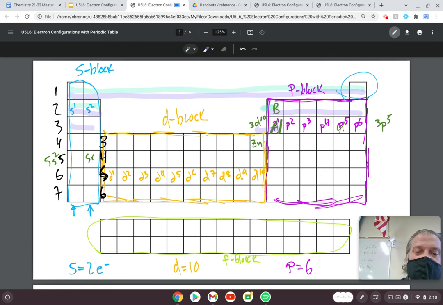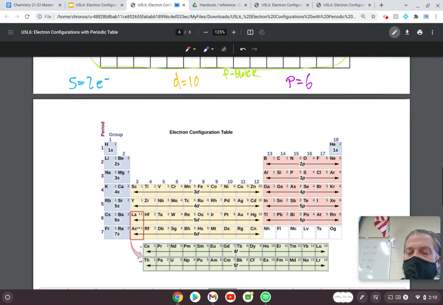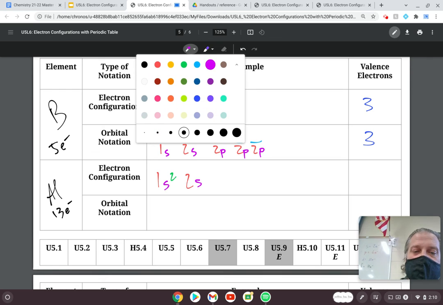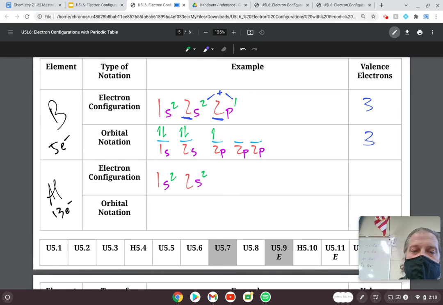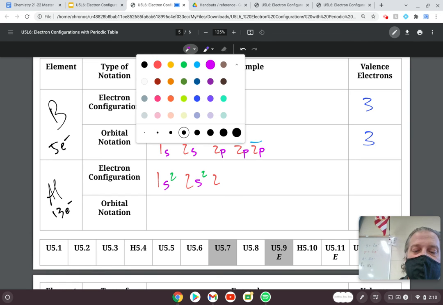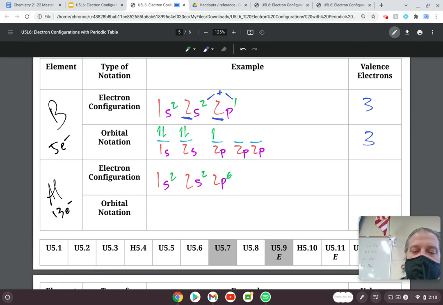So when I take that information, I say that it's 1s2, 2s2, 2p6, 3s2, 3p1.